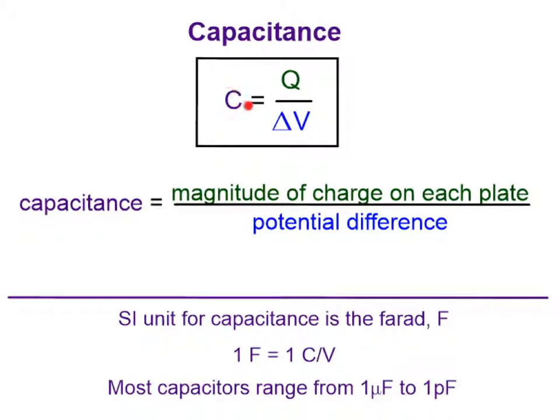We represent capacitance with a capital C. In this case, the capital Q represents the magnitude of the charge on each plate. The SI unit for capacitance is coulombs per volt, and we call that a farad, abbreviated capital F. Most capacitors range from about 1 microfarad to 1 picofarad.